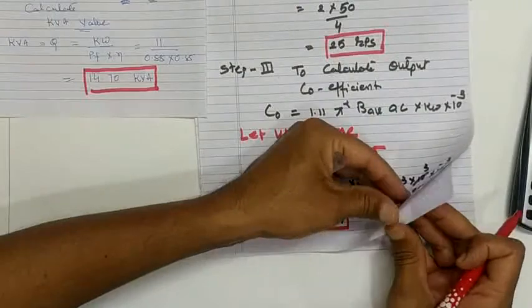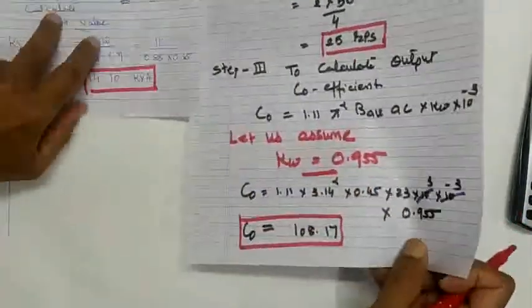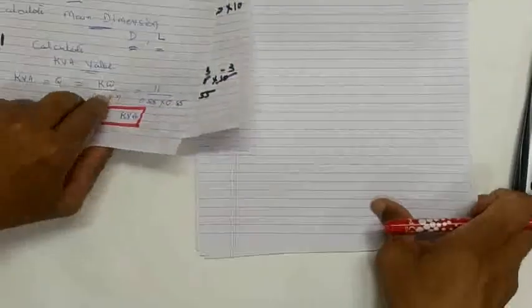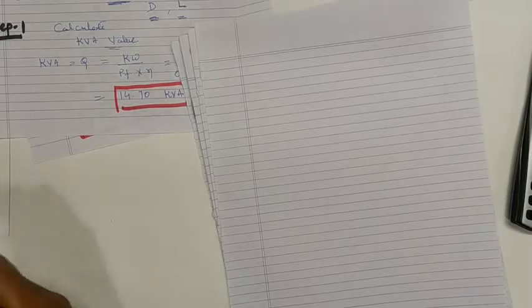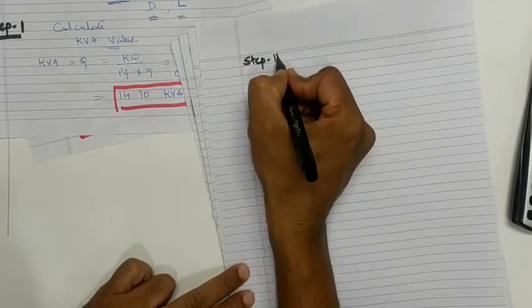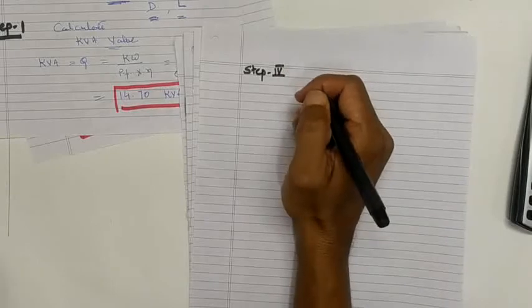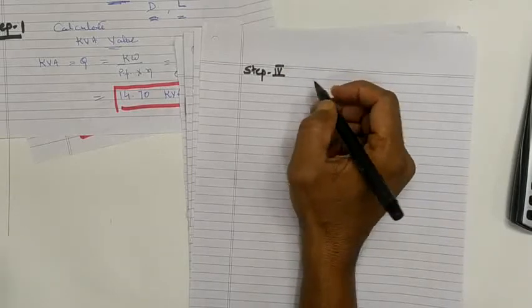Let us consider step number 4, that is to calculate the volume of the machine, right? If we go systematically, then it is very easy to design our main dimension.